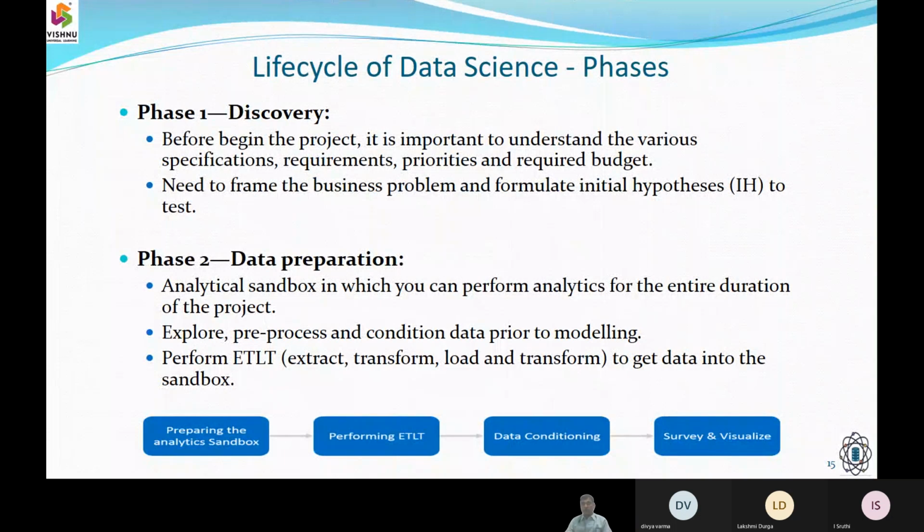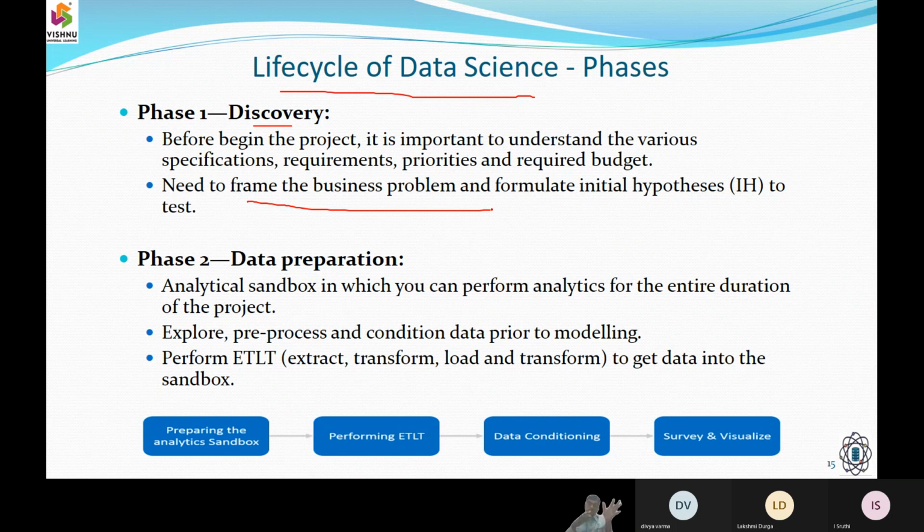Coming to the very first and prominent aspect of the life cycle of data science, the first and foremost phase is discovery. Discovery is the very first thing, where we talk with the business experts, understand the business problem, and formulate hypotheses.